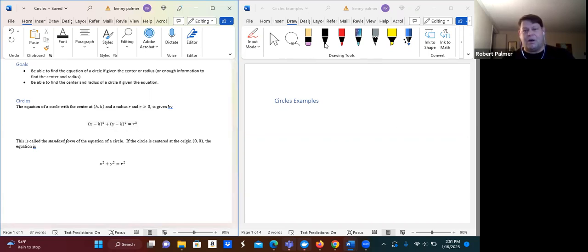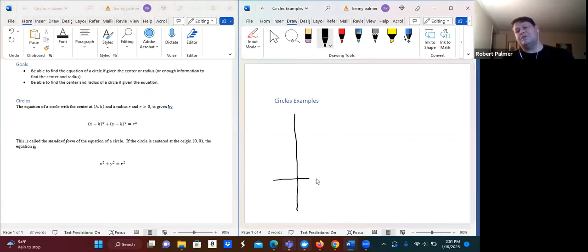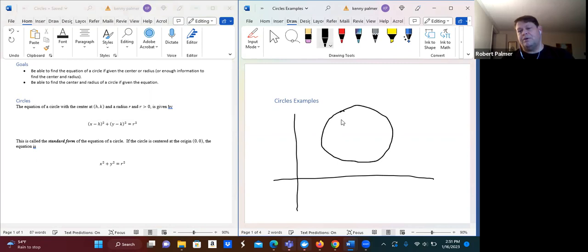Okay, so let's come over here and draw just a basic idea of what we're talking about. So let's just say, for simplicity, we're in the first quadrant, and here's my circle. Here's the center. So it says x-coordinate h, y-coordinate k, and then the radius is r.